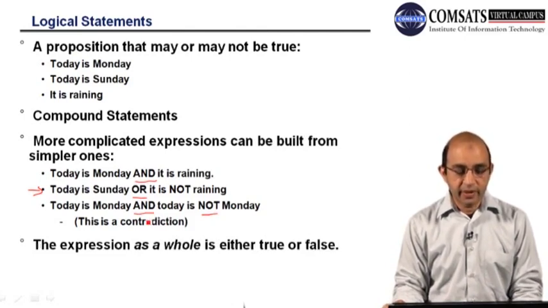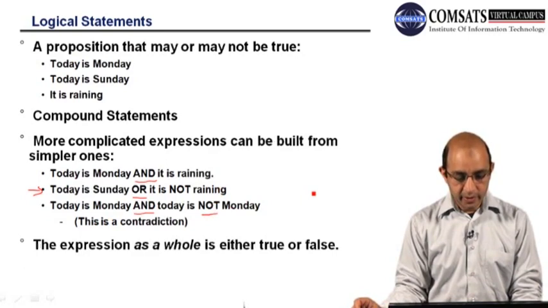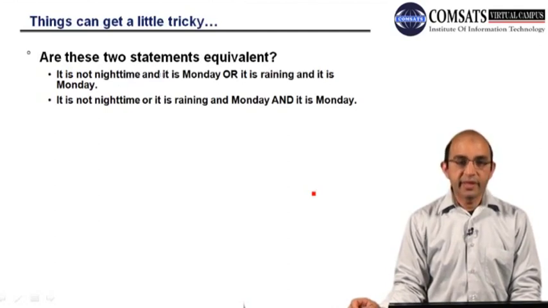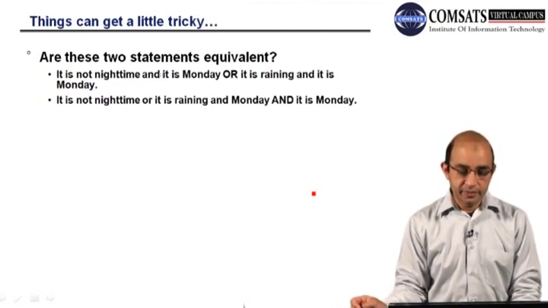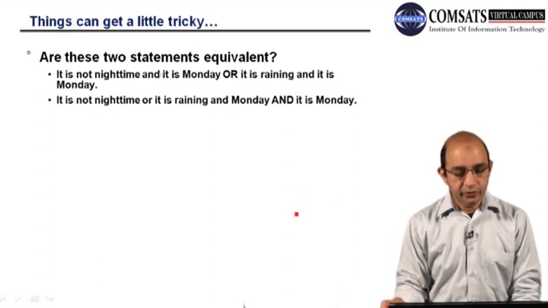So this is a sort of logical conclusion which you may decide on the basis of the meaning. But things become more complicated when you come across a different sort of statement, like "it is not Monday and it is Monday, or it is raining and it is Monday".